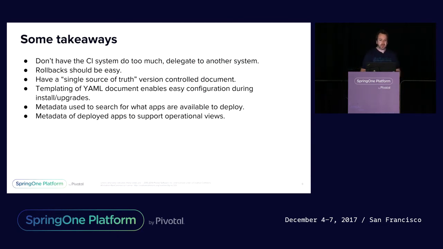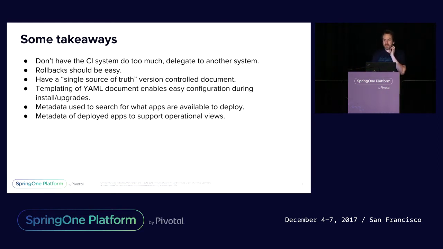So the takeaways from that and just generally perusing around was: don't have the CI system do too much. Delegate to another system once you get beyond a certain level of complexity, which I think happens in most enterprises. Rolling back should be easy. You shouldn't have to rebuild everything if you already had an image.